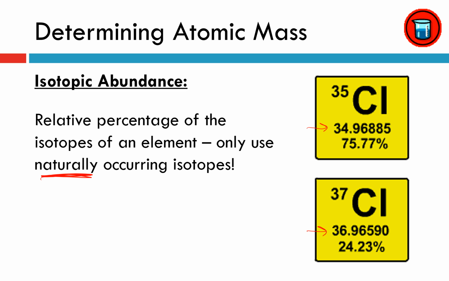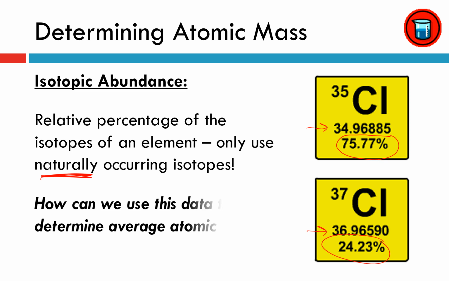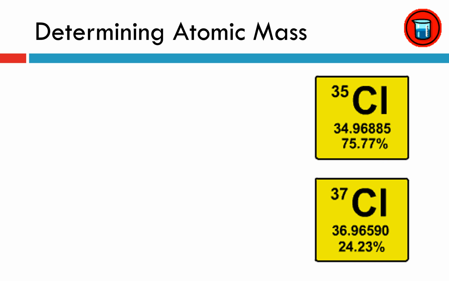So this is telling us if you had a sample of chlorine atoms, on average about 76% of them are going to have a mass of 35 U, and the remaining 24% will have a mass of 37 U. And again, what we want to figure out is how to use that data to determine the average atomic mass of an element, in this case chlorine. Go ahead, pause the video, see if you can figure it out.